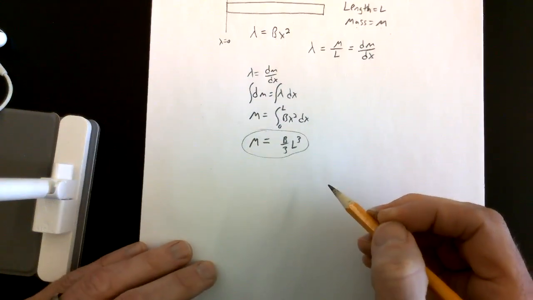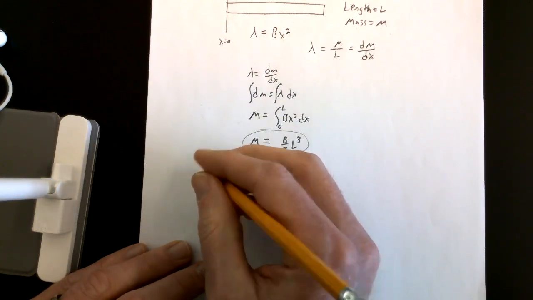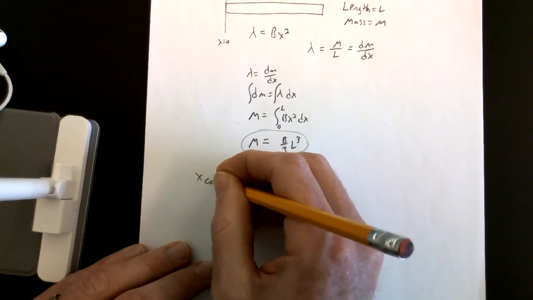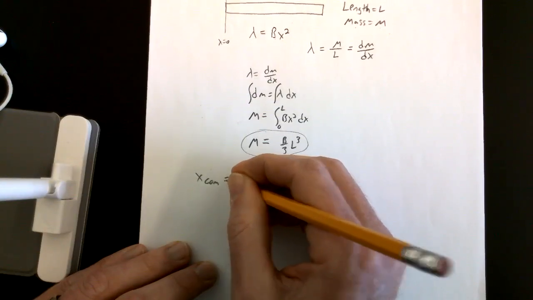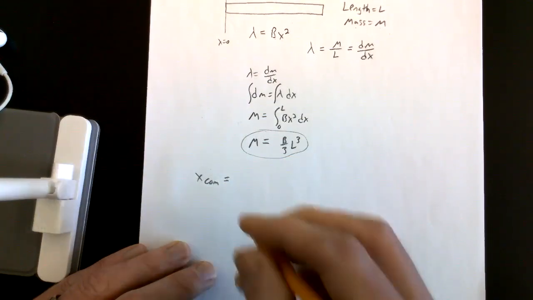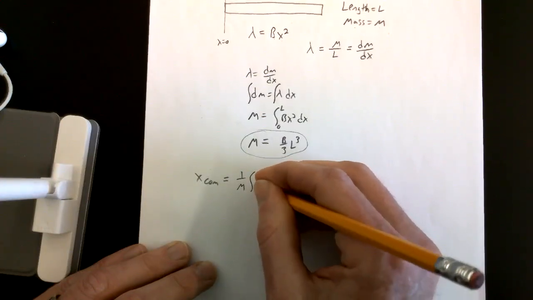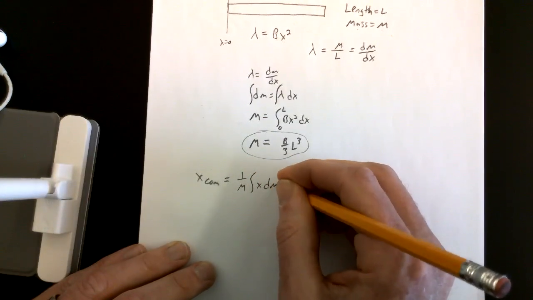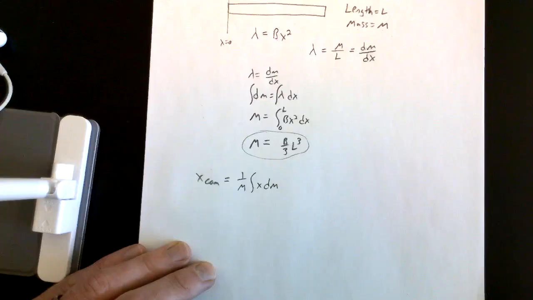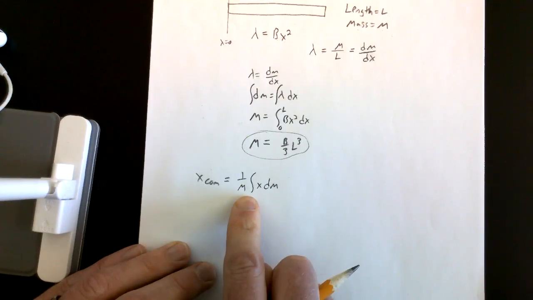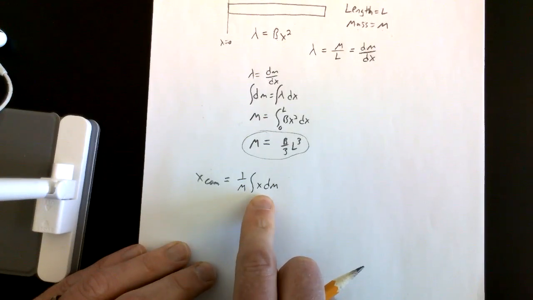when we are figuring some other things out. So let's move down here and let's figure out what the x center of mass of this thing is going to be. So remember, if we're finding x center of mass, that's going to be 1 over m times the integral of x dm. Okay, so that's just our basic center of mass formula right here, 1 over m integral of x dm.